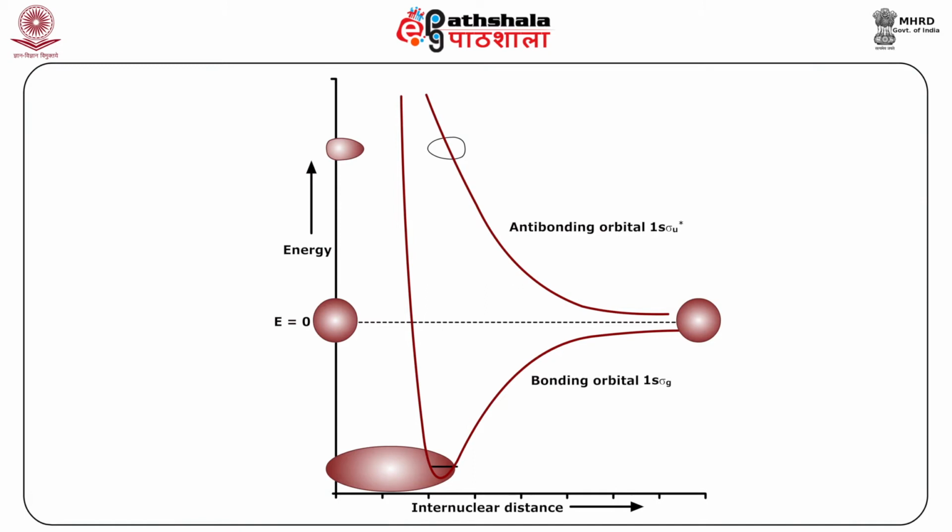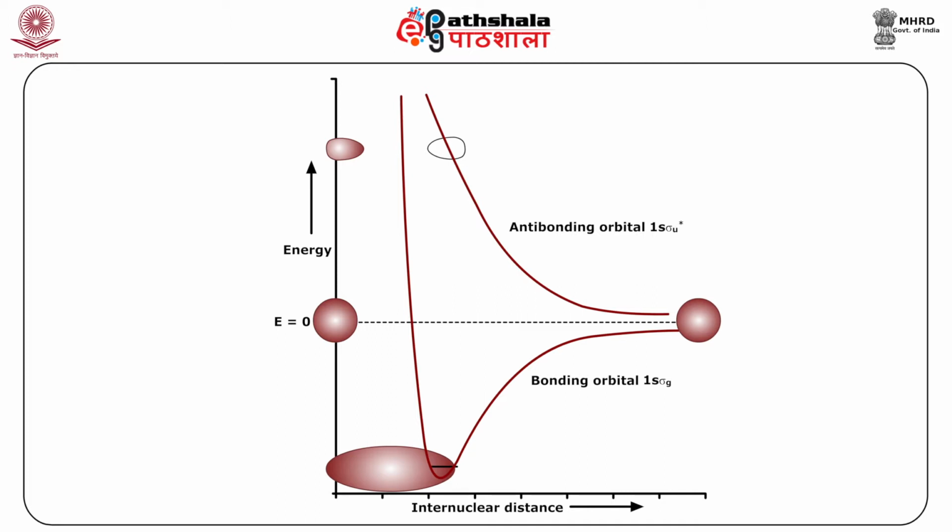The bonding molecular orbital is a bound state, because the energy will be lower than the energy of the individual hydrogen atoms, and it has an energy minimum, but the anti-bonding molecular orbital is an unbound state, and an electron in this orbital spontaneously dissociates. Now, you can see it leads to molecular dissociation.